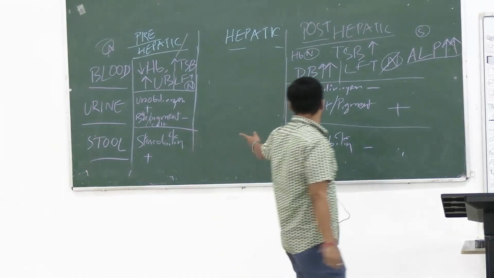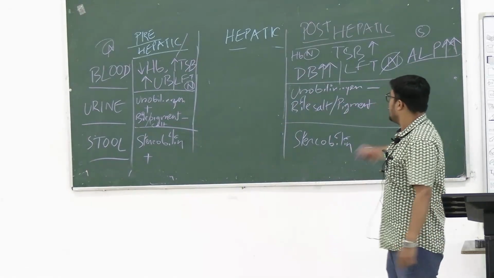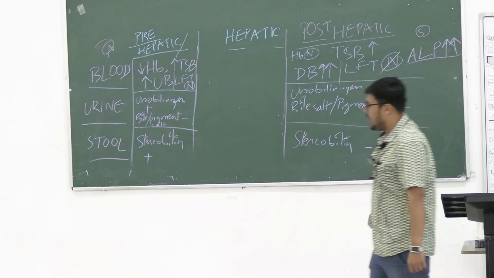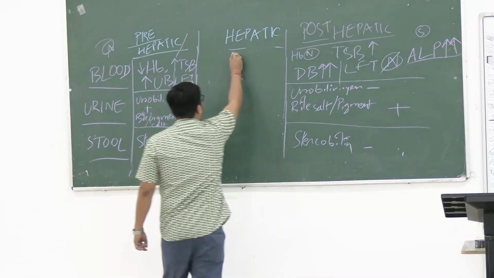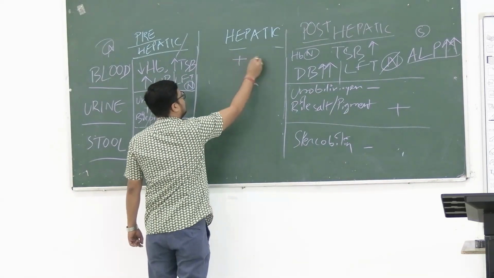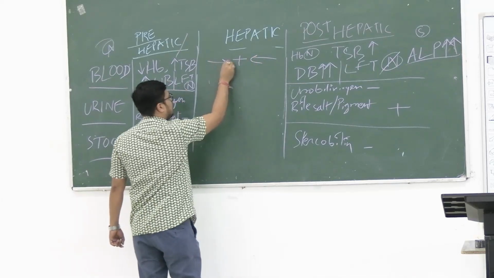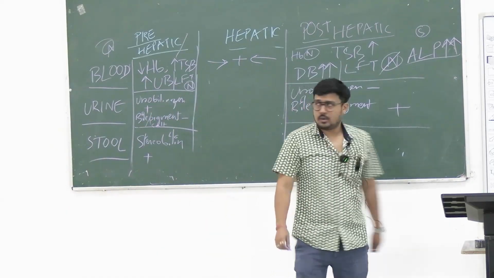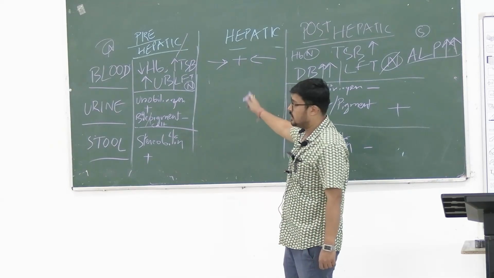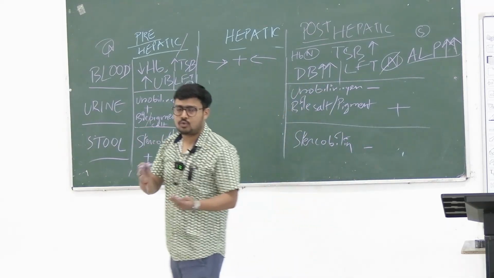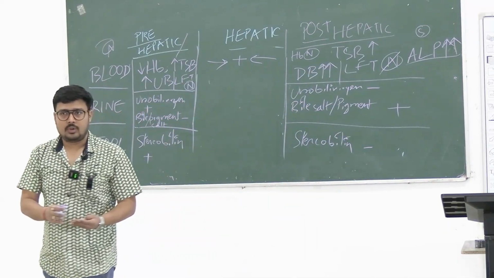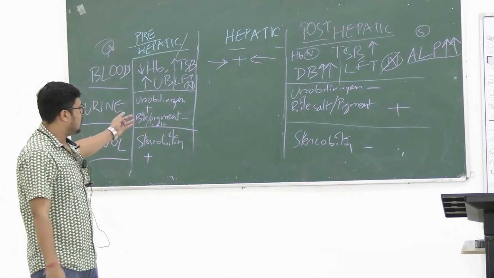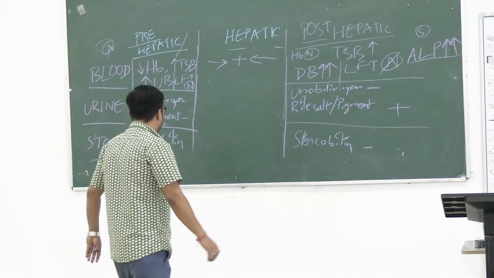so pre-hepatic jaundice is one pole, post-hepatic or cholestatic jaundice is the other pole, and here is the mixture of both these parameters to some extent. So this is the middle of the two spectrums of post-hepatic and pre-hepatic jaundice. So the middle man is hepatic jaundice.